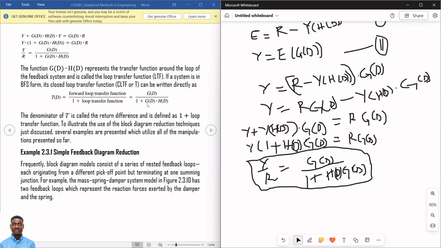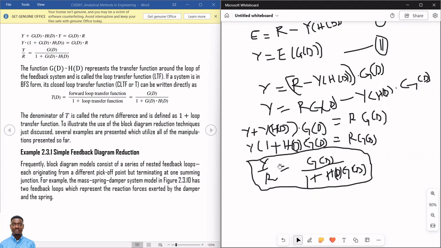So your 1 plus G D dot H D, still the same, is what is now your denominator. So that is 1 plus your loop transfer function. So this is the transfer function.